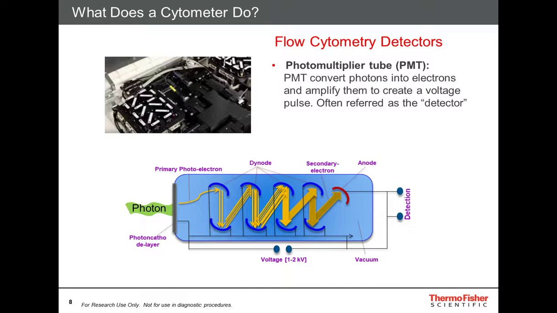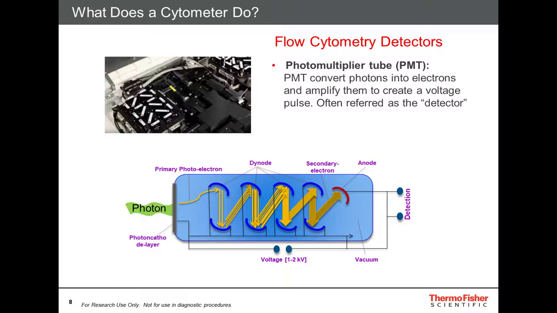What is the cytometer doing? It's counting photons. So we measure the photons that are excited when the laser excites the fluorochrome, and the fluorochrome emits photons. The photons hit the photocathode at the front of the PMT. The electrons that are now knocked off that cathode go through a dynode cascade, and they're amplified.